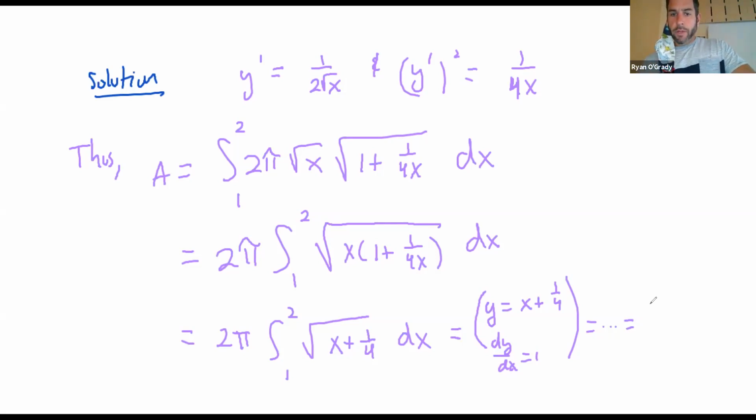What you're left with is 2 pi times 9/4 minus 5√5 over 12. So you can fill in the details. It's not terribly difficult.